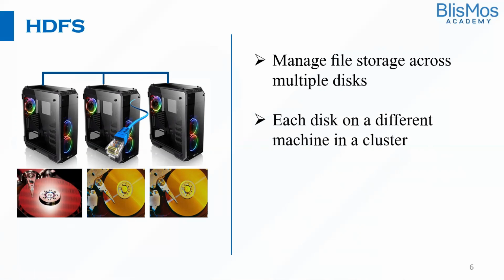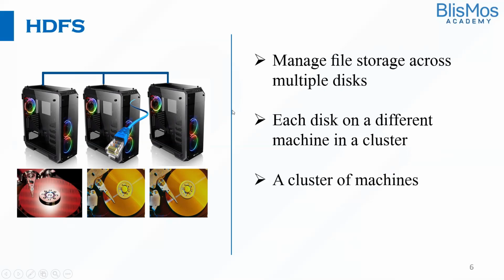Each disk is on a different machine in a cluster. The disks are not necessarily in only one machine. This is a different machine, this is a different machine, this is a different machine in a cluster.